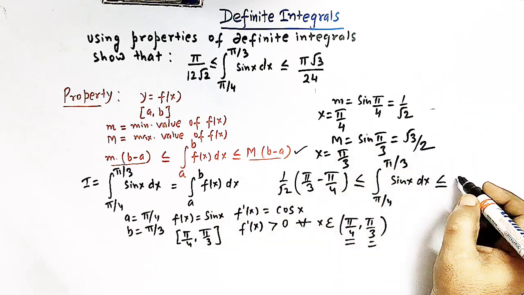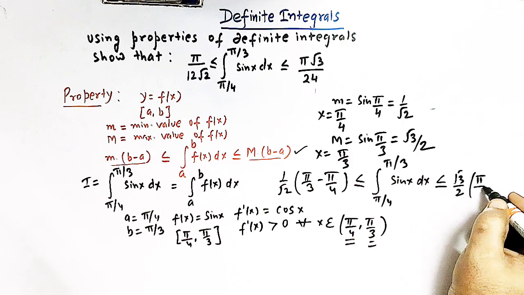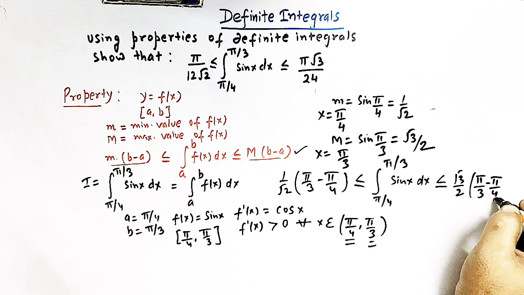Capital M is square root of 3 over 2, and here we have pi by 3 minus pi by 4, right?